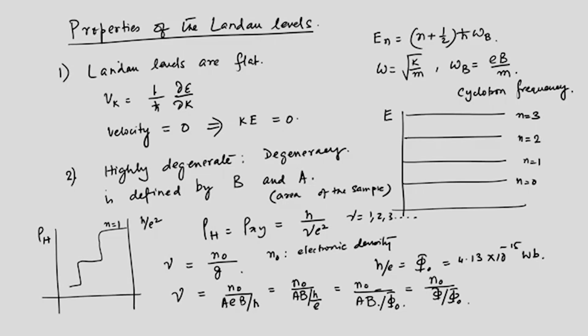Okay, so when this becomes an integer, you see a plateau in the resistivity, and as you change your magnetic field, the phi is changed, then this deviates from being an integer, and then you see that there is a sharp increase in the Hall resistivity, and till it comes to the next integer, it again shows a plateau in the resistivity. So this is how the degeneracy of the Landau levels that we talked about is connected to the Hall plateaus, or the quantization of the Hall plateaus.